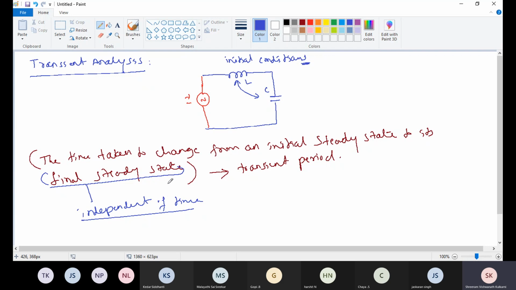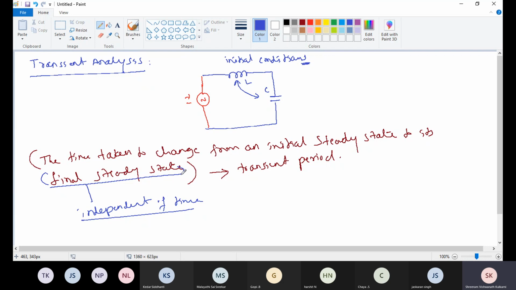The complete response of the network is determined with the help of differential equations. Here in transient analysis studies, we are defining some differential equations. First we are going to make some initial conditions.